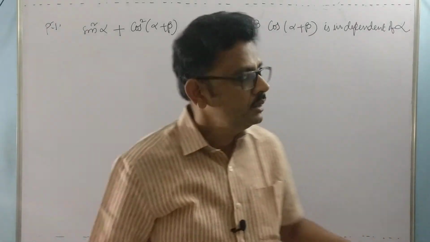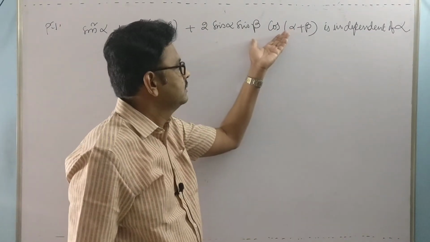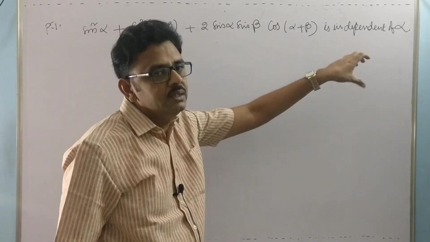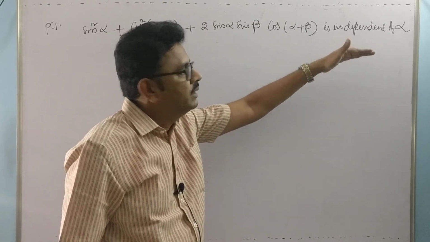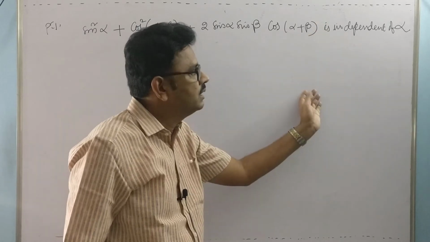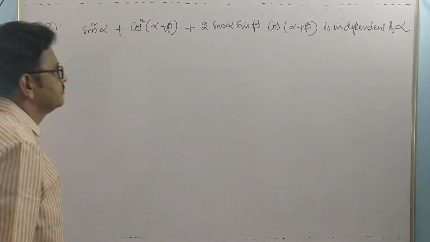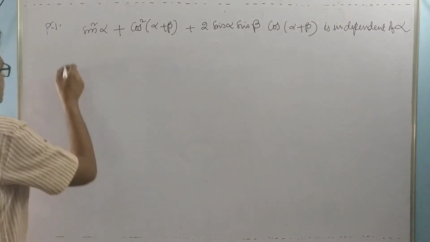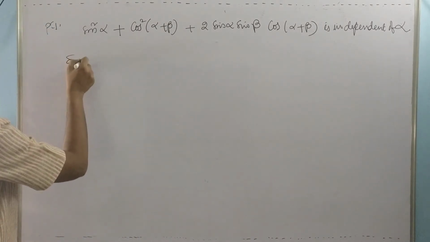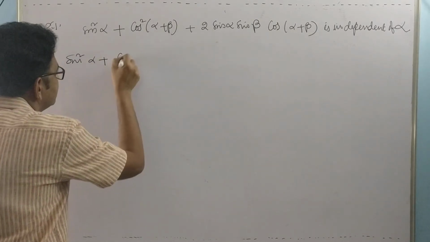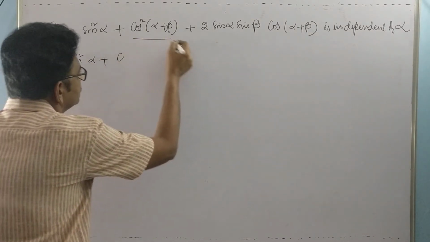So in the given expansion, by simplifying, there is no alpha. We cannot get alpha values. So it may be in terms of a constant or in terms of beta. That is independent of alpha. Now this is sin square alpha plus cos square can be written as these two.